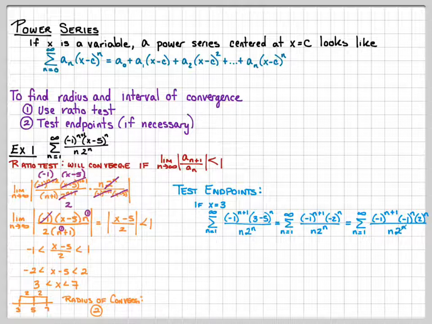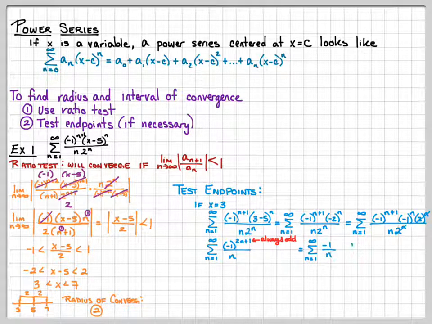And then the 2 to the n's cancel. And then you can combine negative 1 to the n plus 1 and negative 1 to the n into negative 1 to the 2n plus 1 all over n. This 2n plus 1 is always odd, so it doesn't alternate. It stays negative 1 in the numerator all the time over n. So this is going to diverge by the harmonic series test.